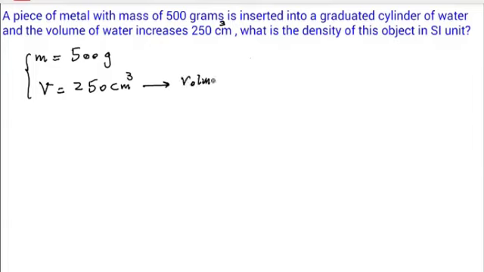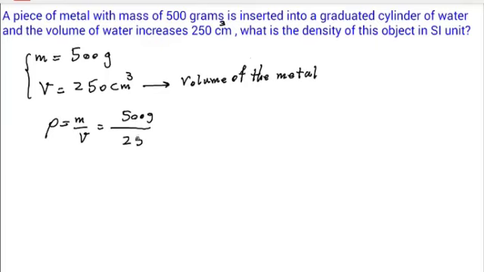So this is the volume of the metallic object. So this is the density equation, and density is equal to 500 grams over 250 centimeters cubed, which is equal to 2 grams per centimeter cubed.